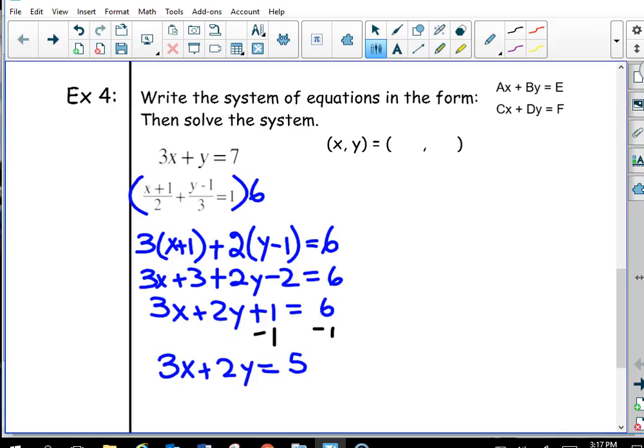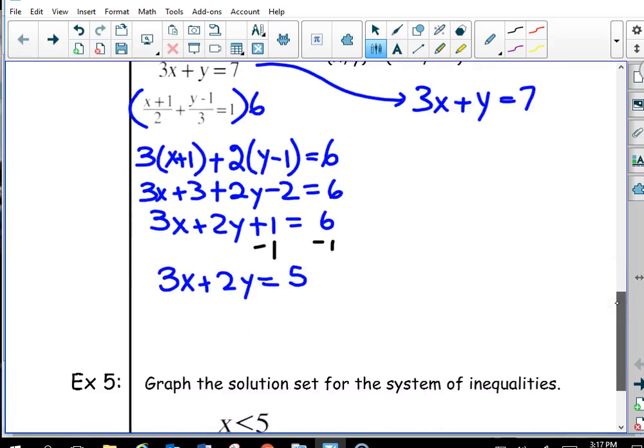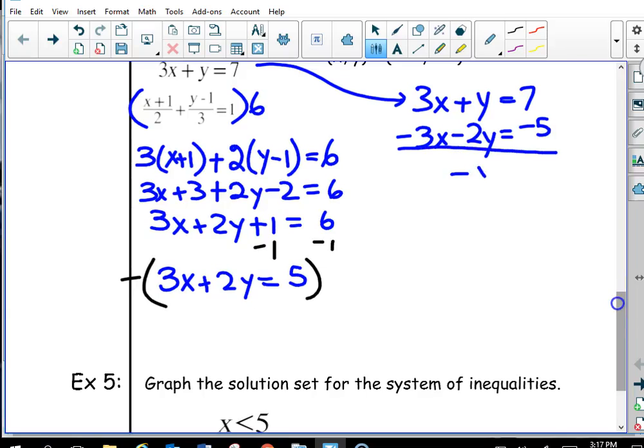Now, looking at that and comparing it to the first equation, probably the best thing to do is to multiply that second equation by a negative 1. And multiply everything. Negative 3x minus 2y equals negative 5. And I get a negative y equals a positive 2. Or y equals negative 2.